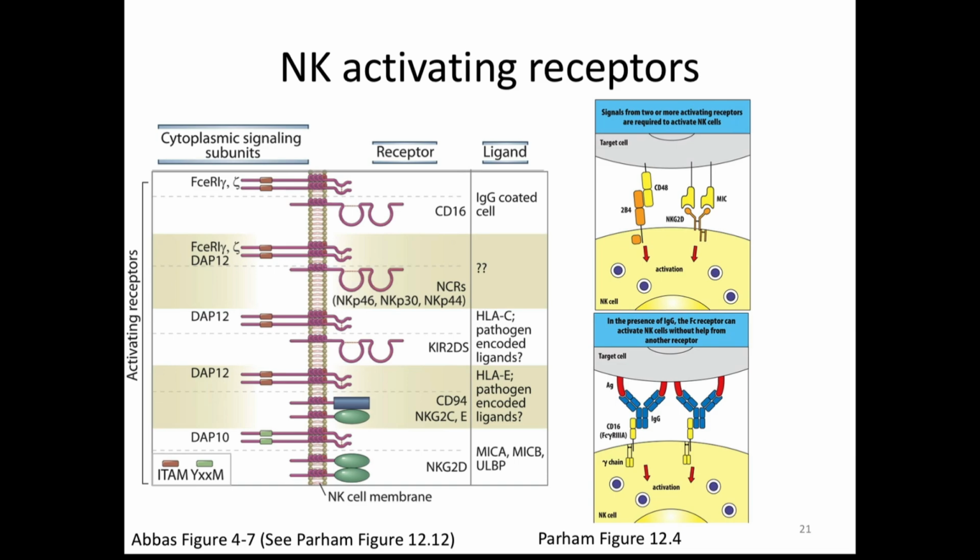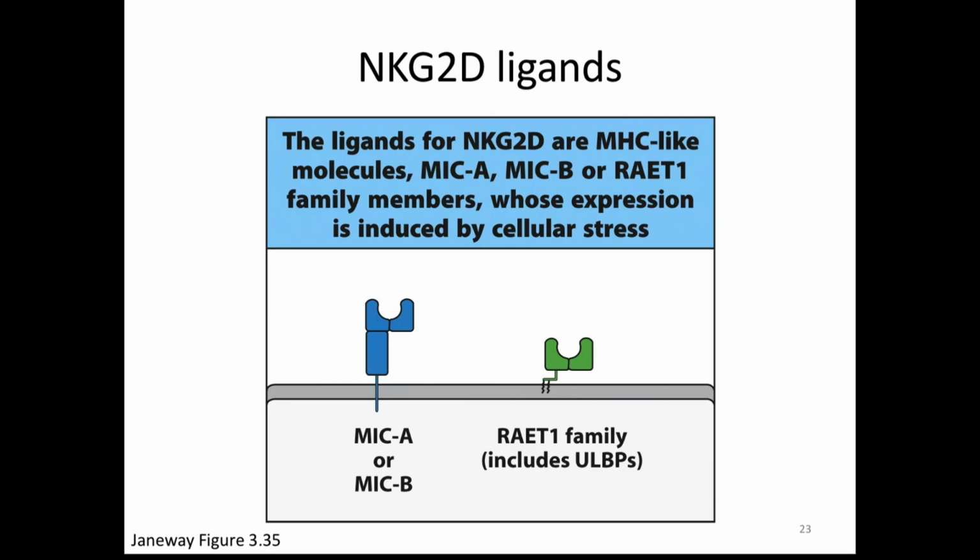And of course, you might wonder, why the heck would these ever get made? What's the point of these? Why do these start getting made to turn on NK cells? And the answer is that these are all proteins that cells make when they are under a lot of stress.